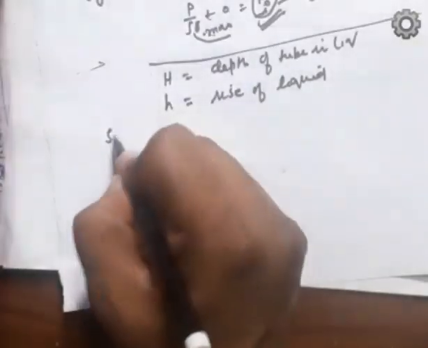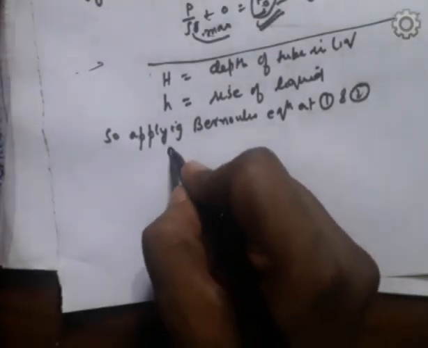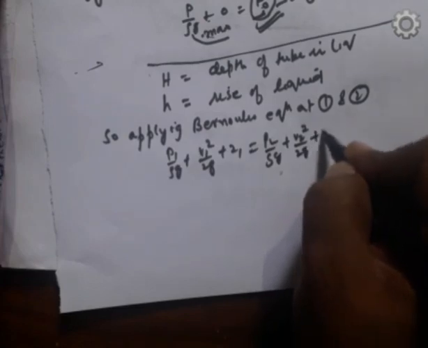So applying Bernoulli's equation at 1 and 2, we get P1 by rho g plus V1 square by 2g plus Z1 equals P2 by rho g plus V2 square by 2g plus Z2.